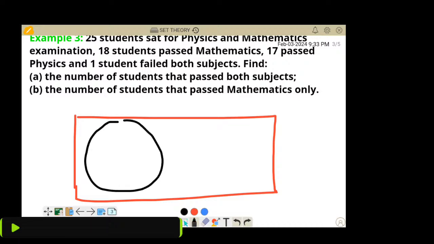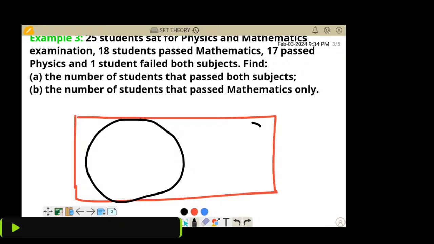According to this question, two sets are mentioned, which are mathematics and physics. So in our rectangle, we are going to have just two circles because we are dealing with two major sets, which are physics and mathematics.